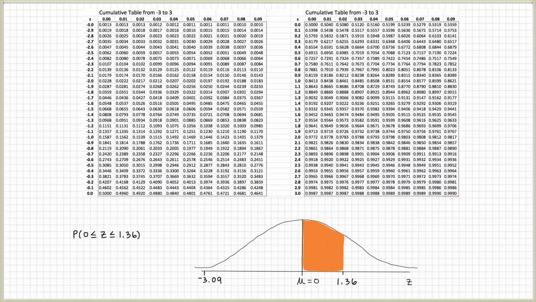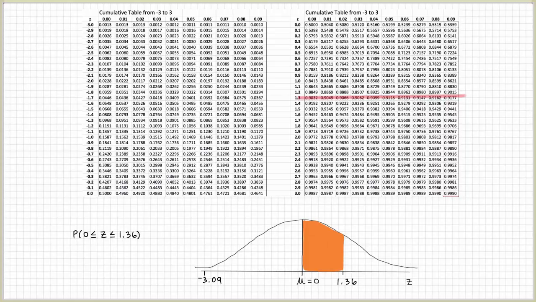So 1.36, we've got to find that on the table. So the analogy is that that's $1.36. So the first thing we want to know is, where's $1.30, right? So we look at the Z column for the ones and tens, look for $1.30. Where is it? Right there. Okay, then 6 cents, right?